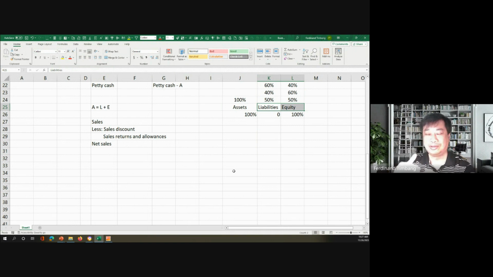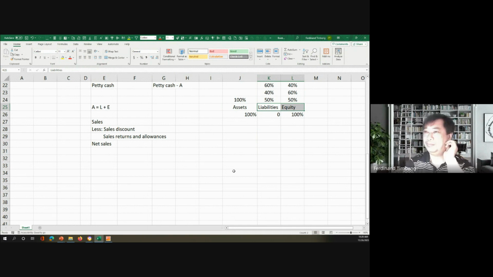Otherwise, pagka tumaas yung 10% na yun to 11, 12%, operating expenses natin tataas, bababa ang net income. At pag bumaba ang net income, yung perception ng investor hindi na maganda. So chances are they will avoid the company.